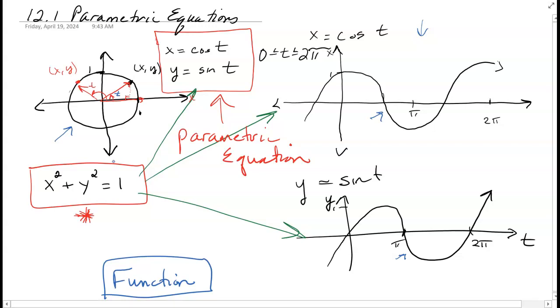By breaking or rewriting our non-function, x squared plus y squared equals 1, into 2 functions, because look at that, x equals cosine t, that's a function, y equals sine t is a function. What it does is gives us a new way to represent our non-function as a pair of functions. That's what parametric equations do for us. Okay, so that's the importance of them.